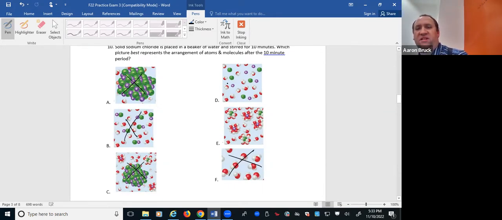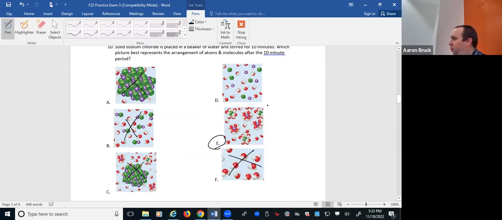So it comes down to D and E. D says that we split off all of the pluses and minuses, but there really isn't any interaction taking place between the pluses and the minuses. Letter E says not only have we split them apart, the water molecules are finding their way to those ions and surrounding them. And that's the correct answer.